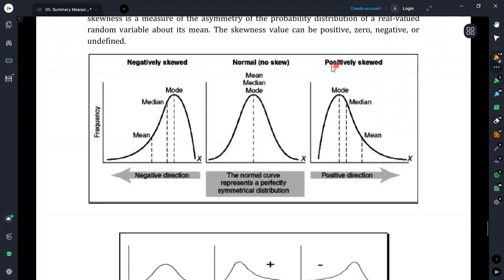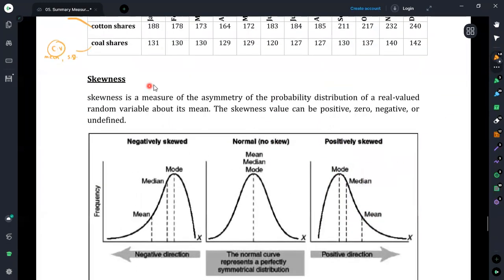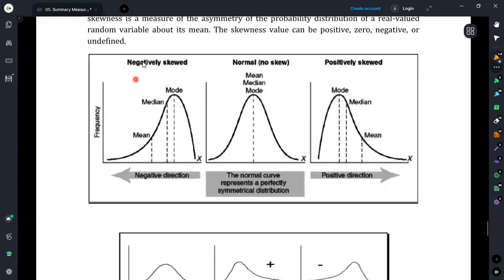The next term is the positively skewed distribution. Positively skewed means we can see a tail on the far right-hand side of the distribution. Therefore, the majority of data is on the left-hand side, and there is a decaying pattern on the right-hand side. This is the graphical presentation.